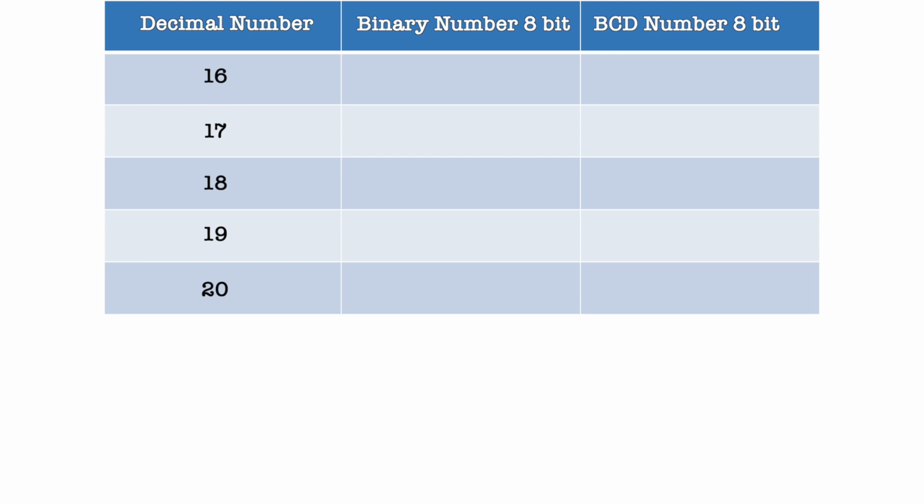If we represent 16 in binary, it is represented by 10000, but in the case of BCD it is represented by 0001 0110. Similarly, 17 in binary is 10001, but in the case of BCD it is represented by 0001 0111.